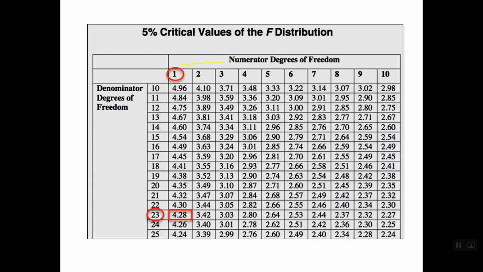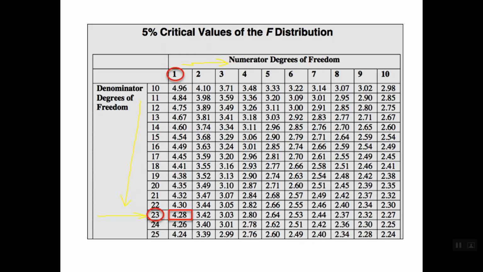So this row here represents the numerator degree of freedom, which is simply the degree of freedom for the factor we need to determine the corresponding critical F. And regarding this column here, this column represents the denominator degree of freedom, and simply we have 23, which is the degree of freedom for the error.